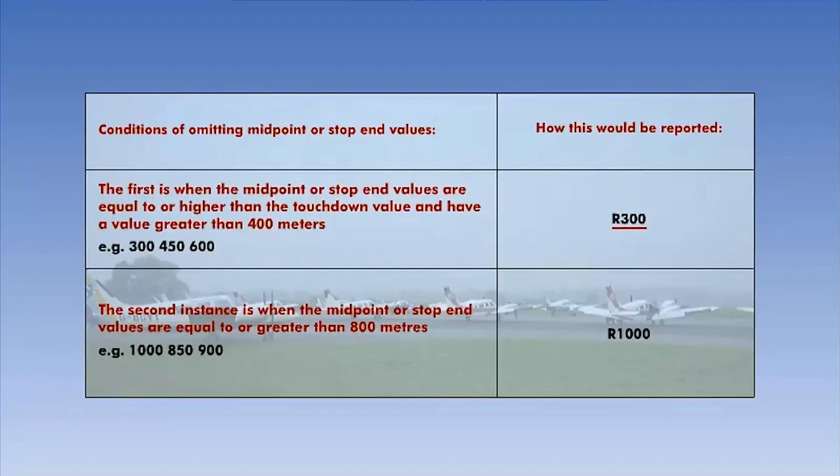The second instance is when the midpoint or stop end values are equal to or greater than 800 meters. For example, 1850 and 900 would be reported as R1000.